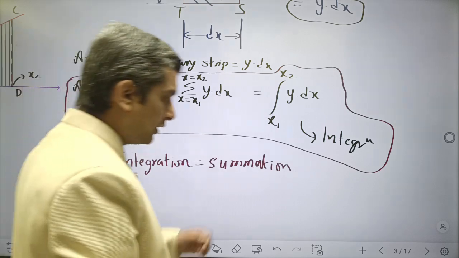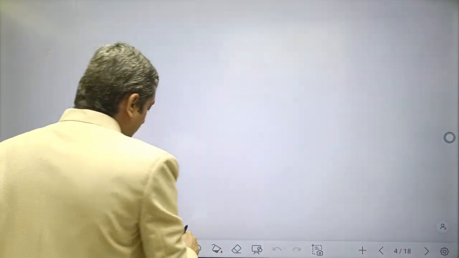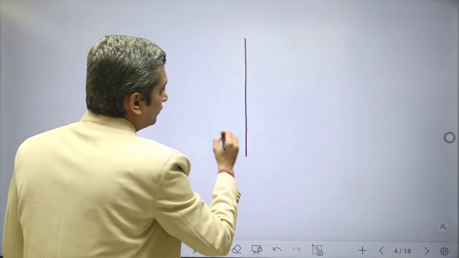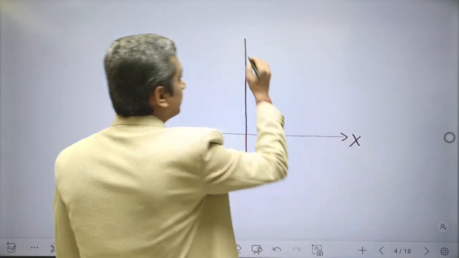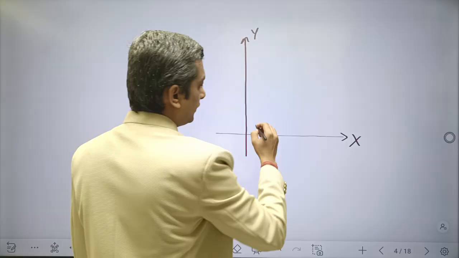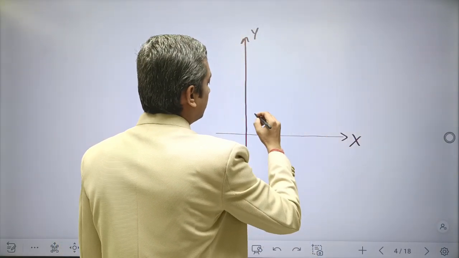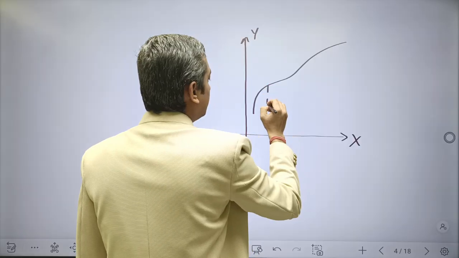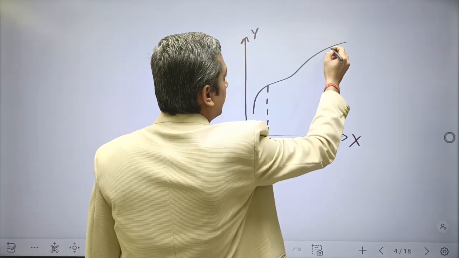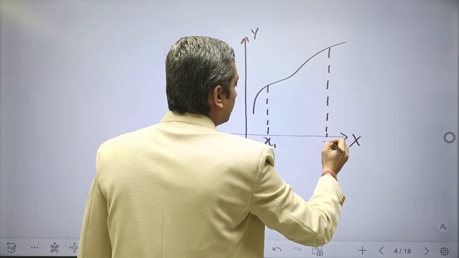Now a very important point. I'm going to summarize by taking different examples. Let us suppose this is the x-axis and this is the y-axis, and I plot a curve like this one. Here it is x1 and here it is x2.